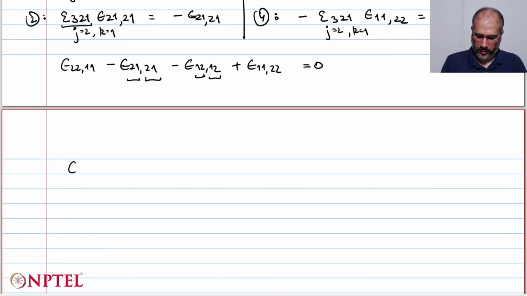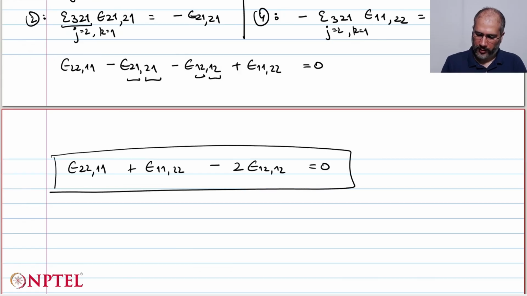So this becomes epsilon 2, 2 comma 1, 1 plus epsilon 1, 1 comma 2, 2 minus twice epsilon 1, 2 comma 1, 2, and that's a 0. So this is one of the compatibility equations, and for a plane strain situation, this is the only compatibility equation we are interested in. So you see that you cannot put arbitrary functions in the different terms for the epsilon field. They have to be related through this compatibility equation.